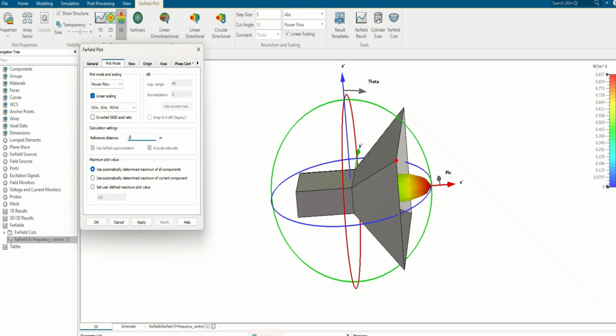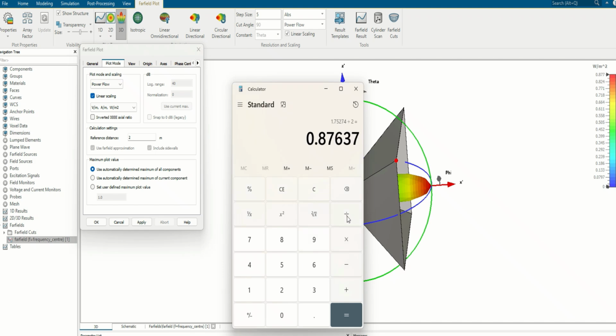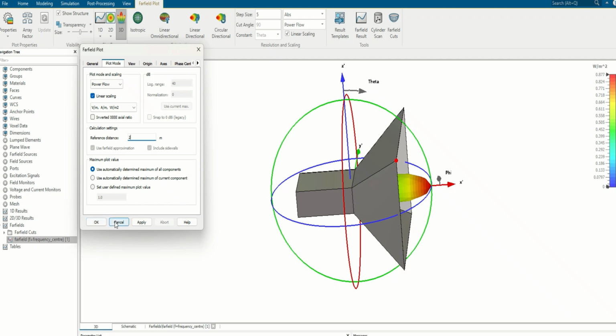So if I change to 2, because 2 square is 4, it will be reduced by a factor of 1 by 4. So this has to be the value for the power density. So here we can see that the power density has to be reduced by 0.21. So let's see.